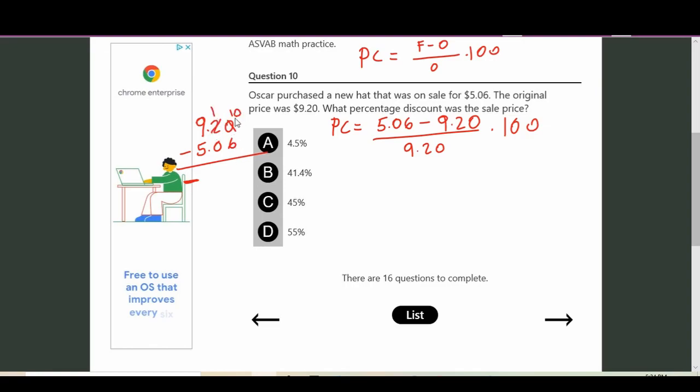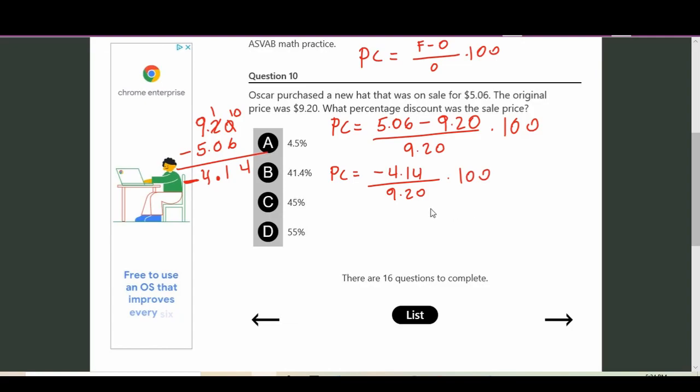That becomes 10. 10 minus 6 is 4. 1 minus nothing is 1. Drop your decimal in place. 9 minus 5 is 4. So right away, I know 506 minus 920 is going to be negative 4.14. And again, this is all over 920 times 100 hanging out there.